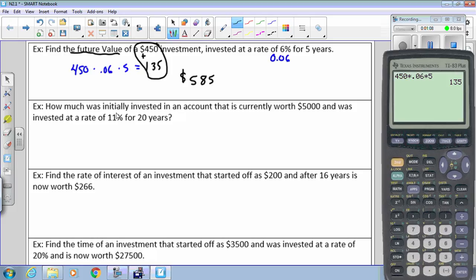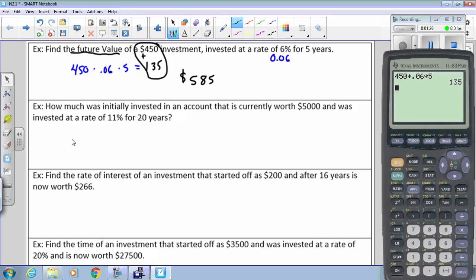How much was initially invested in an account that is currently worth $5,000 and was invested at a rate of 11% for 20 years? So for this question, you have to find the original investment.